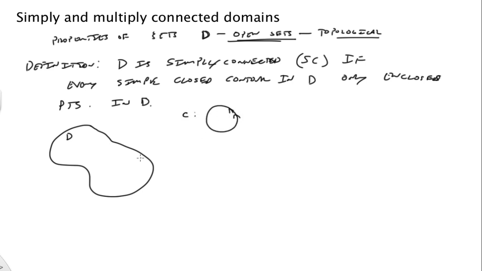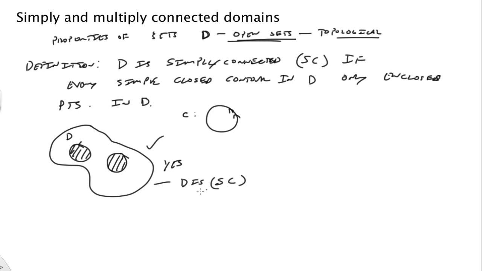And I want to see if any contour that I can lay inside of this set will enclose only points that are themselves in D. So of course, if I can draw a circle like that, that'll be a closed contour, containing only points inside of D. So check. And can I do that for every closed contour I pick? For this drawing that I put down here, the answer is yes.